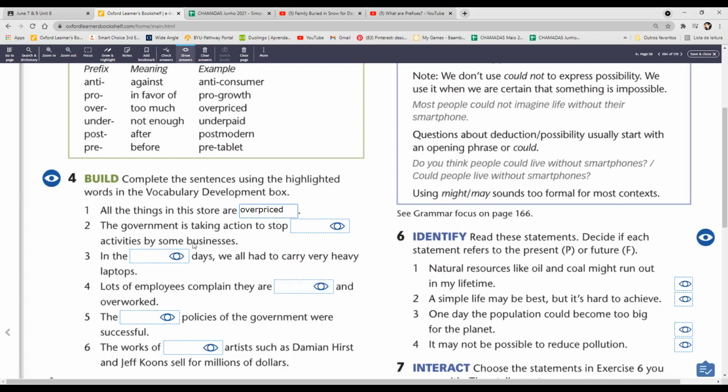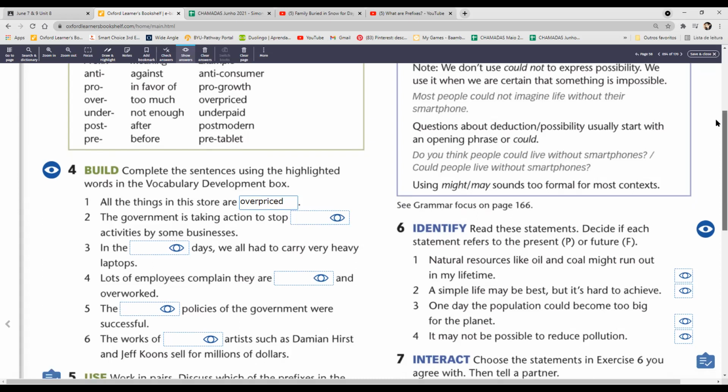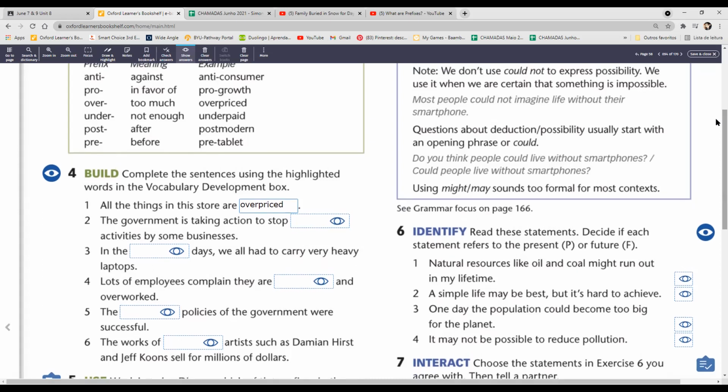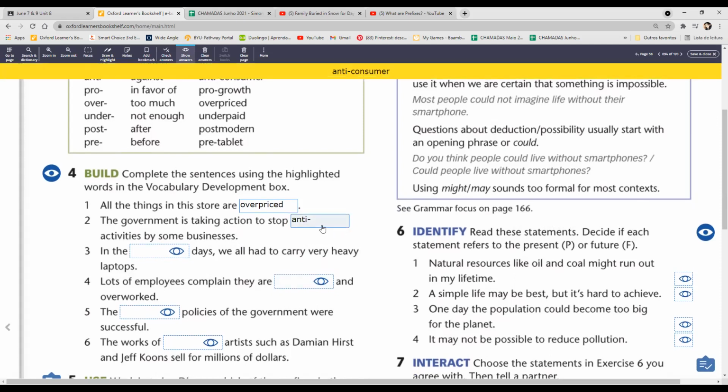The first one here, actually number 2, what did you put? Anti-consumer. All right. Yes, here the word doesn't fit. So we can't see all the word in the box, but you can see the word in the yellow bar, okay?